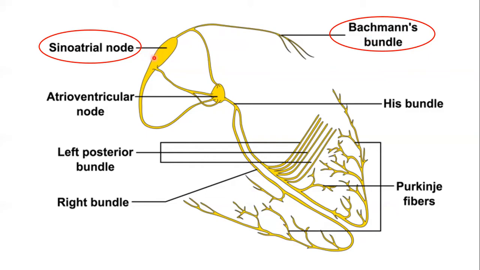Then this SA node is also connected to the atrioventricular node, the AV node. This AV node is present between the right atrium and the right ventricle, just near the valve, the opening between the atrium and the ventricle that prevents the backflow of the blood from the ventricle to the atrium.